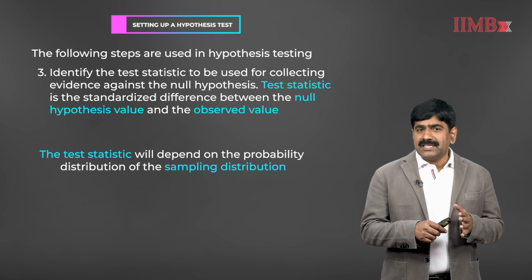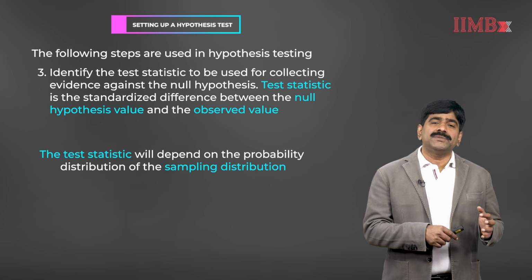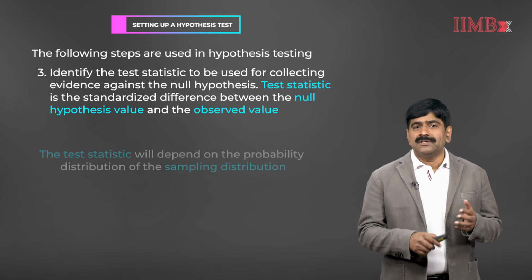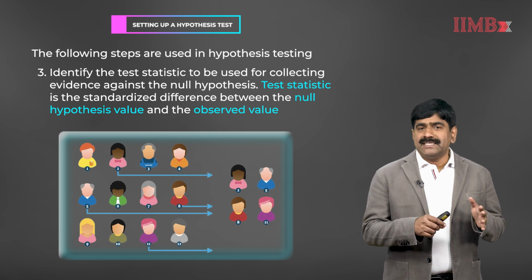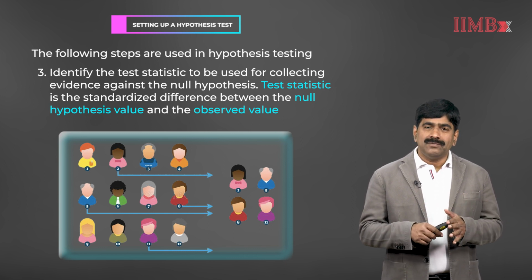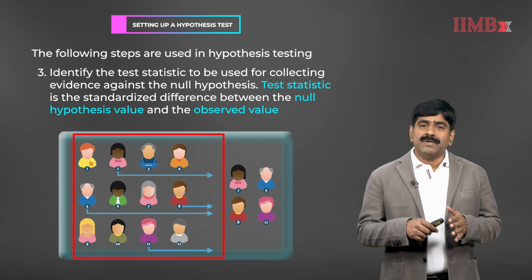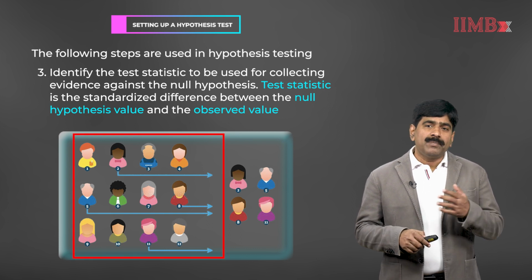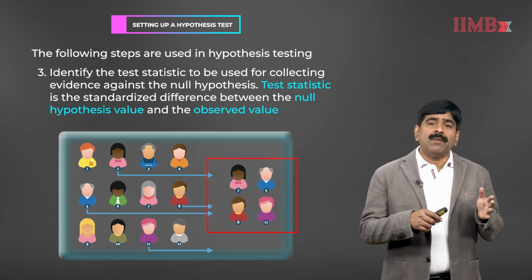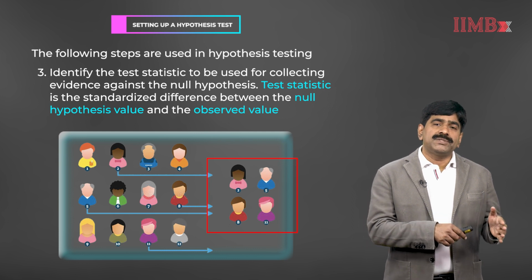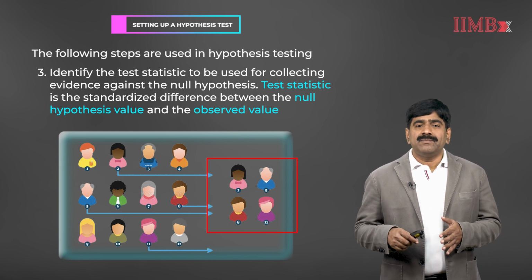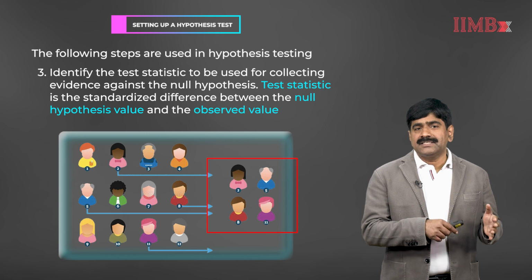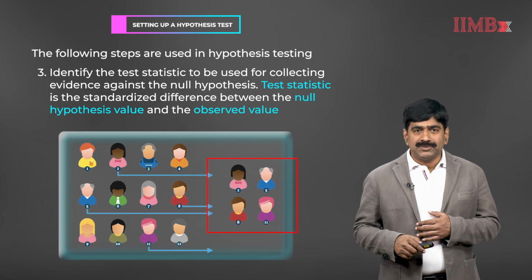The test statistic will depend on the probability distribution of the sampling distribution. For example, if the test is about population mean value and the mean is calculated from a large sample with a known population standard deviation, then the sampling distribution will be a normal distribution and the test statistic will be a Z statistic, that is, it follows a standard normal distribution.